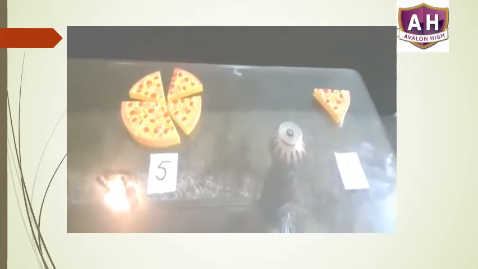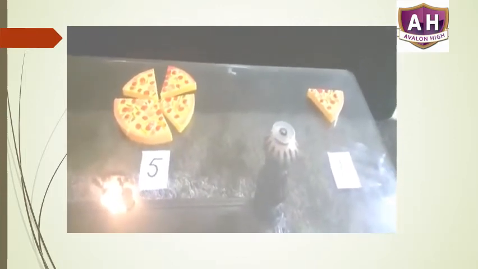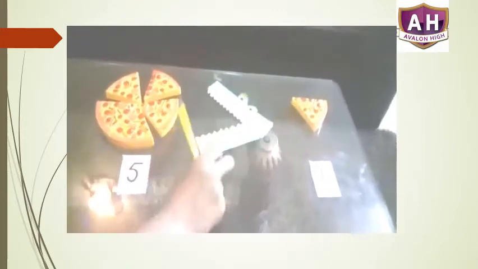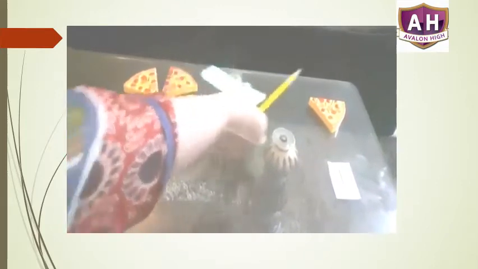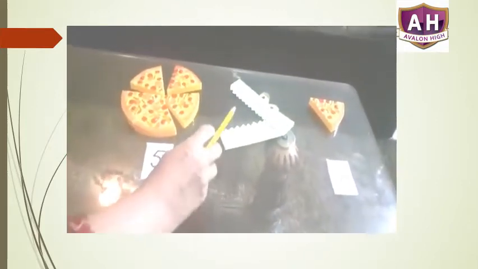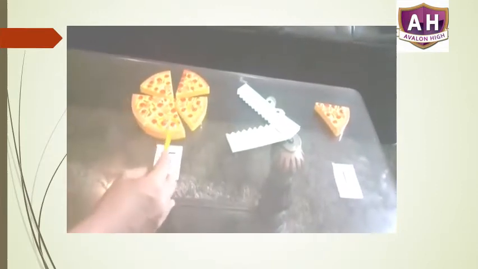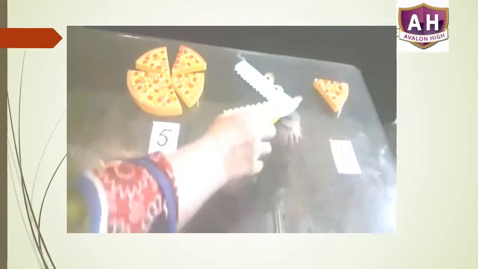As the crocodile was so hungry, he opened his mouth towards the more pieces of pizza and ate up all of them. So as this alligator opened its mouth towards the left side, towards the greater number, we can say that 5 is greater than 1.